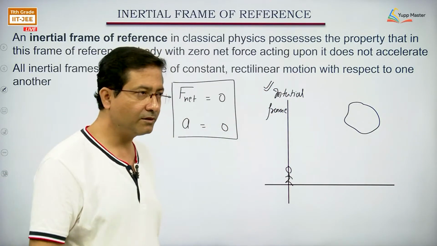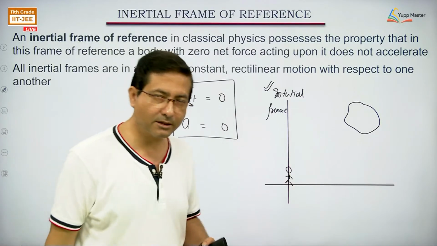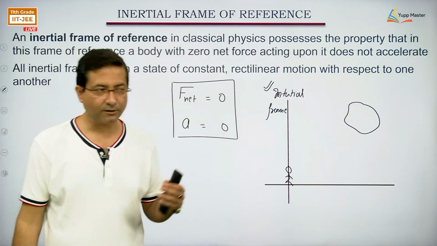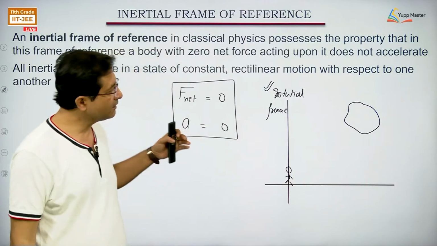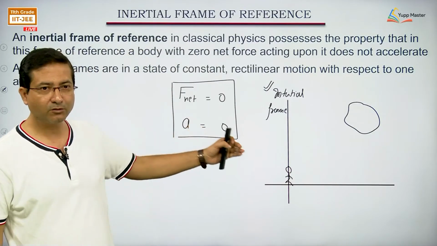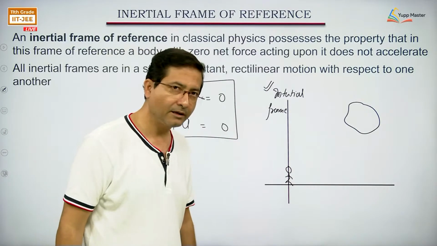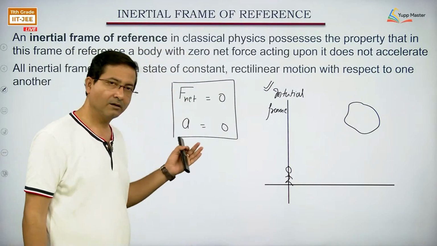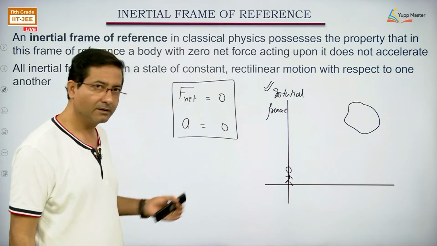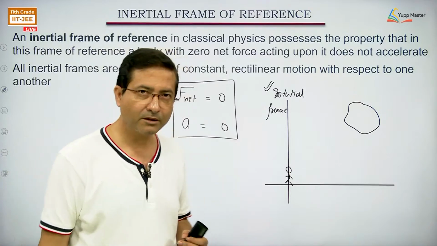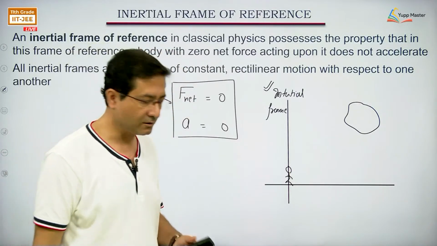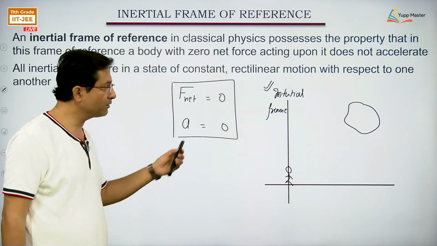So this is the way we check whether our frame is inertial or non-inertial. If this condition is met, the frame is said to be inertial. If this condition isn't met, then the frame is non-inertial, right?